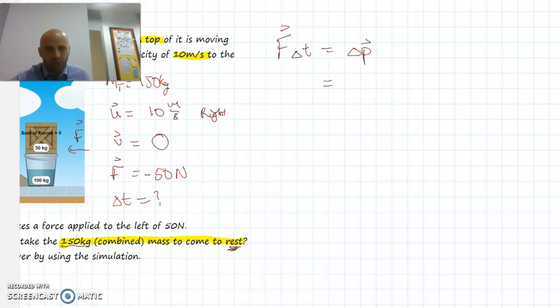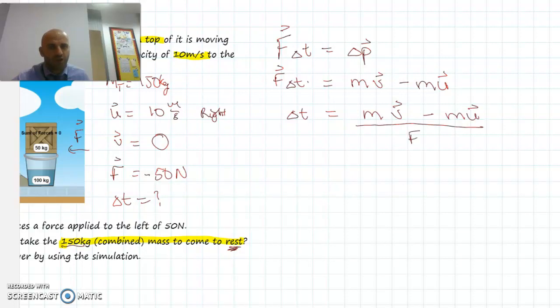So I'll go straight for mv final minus mass times the initial velocity, equal to the force times the change in time. So the change in time is what I want to solve for: it's the mass times the final velocity minus the mass times the initial velocity u, divided by the magnitude of the force.